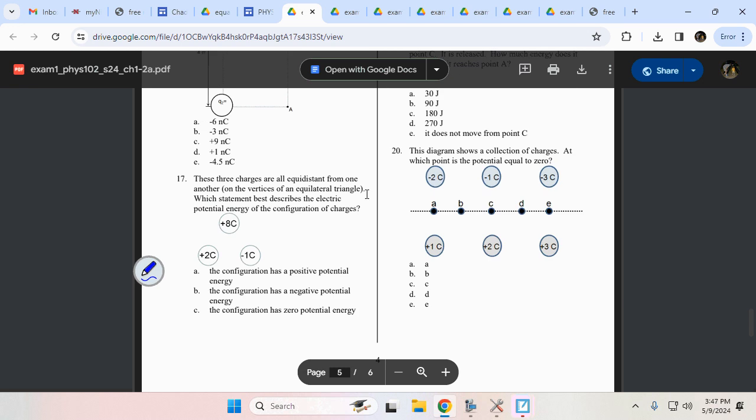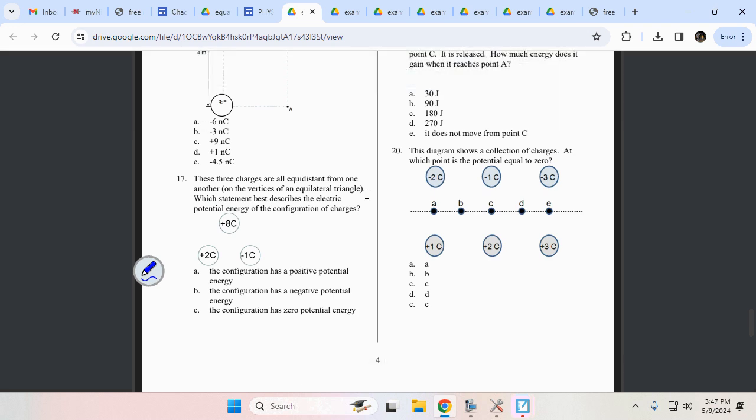Okay, so remember on these, the important thing is to remember how I find my potential. V is equal to KQ over R. So to have a potential of 0, I have to have two equal but opposite charges that are also equidistant from each point. For example, right here at point A, I do have two equal and opposite charges, but notice that their potentials don't cancel out because they're not the same distance.